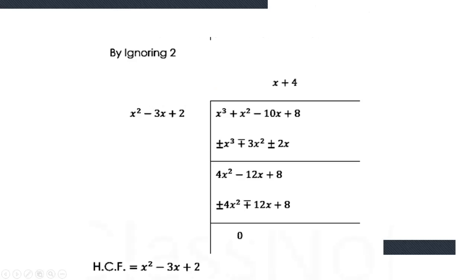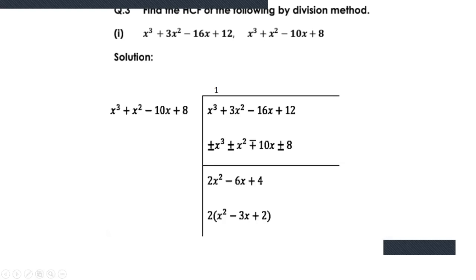As I told you, we take this outside of the square root, x squared minus 3x plus 2, and this term x cube plus x squared minus 10x we will take inside the root.